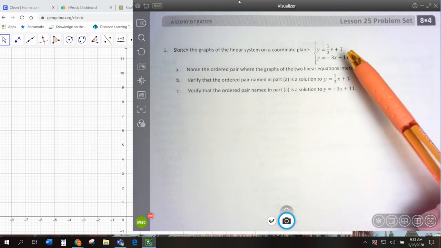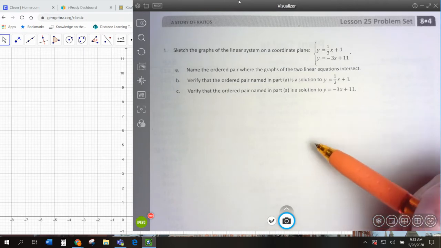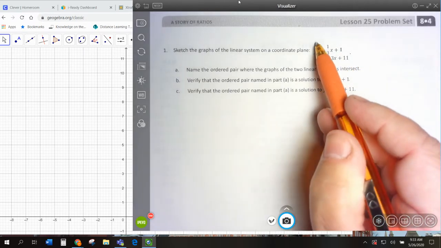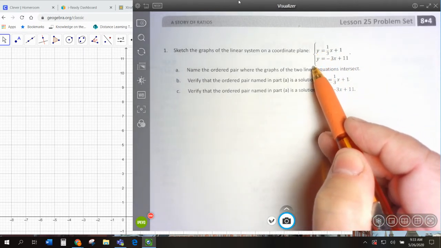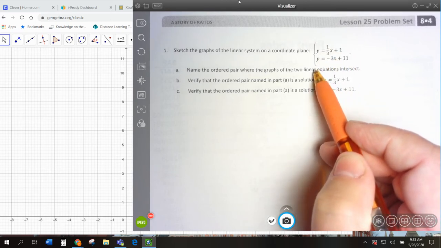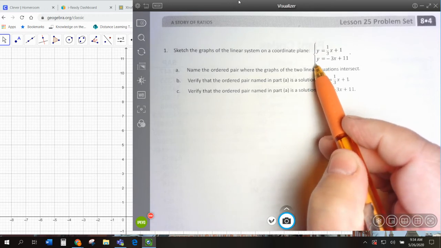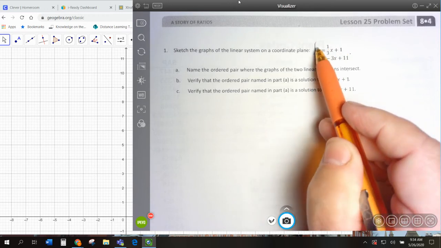We're going to be taking systems of equations. In order to write a system of equations, we use this bracket and then put the equations after that bracket. This means this is a system of equations, so they want to find the ordered pair where the graph will intersect.